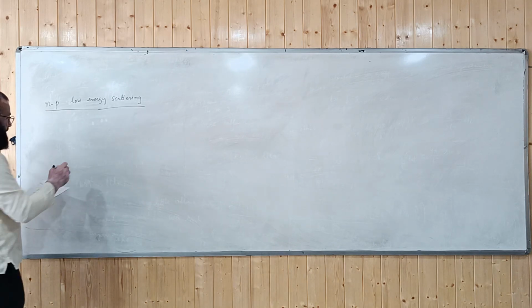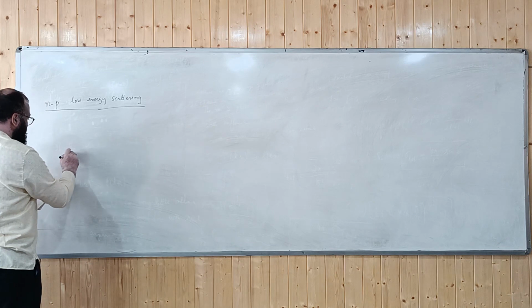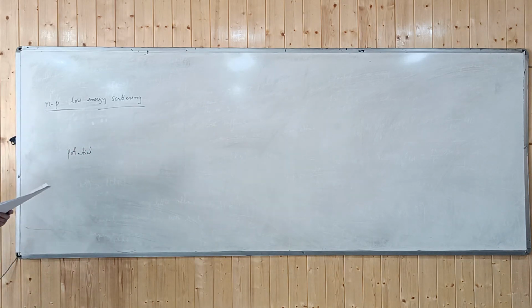First, we need to consider the interaction between these two particles, how you model them. Because when you consider the scattering, you should know what is the interaction governing the scattering. So we model it by a potential.